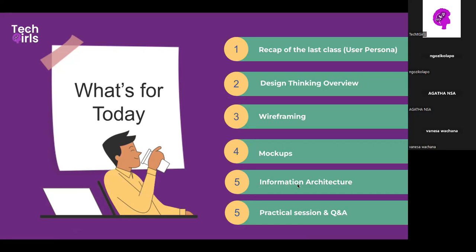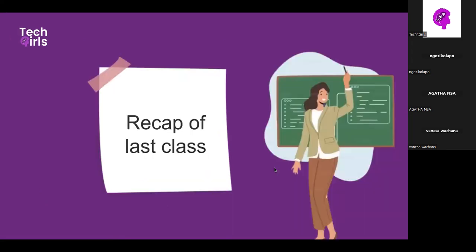Then we'll touch a bit on information architecture, but I don't think we'll go in depth because of time, so I might just stop at mockups. Then we'll dive into practical sections, creating low-fi wireframes and low-fi mockups. Low-fi is low fidelity, high-fi is high fidelity. So we'll be looking at all these things today.